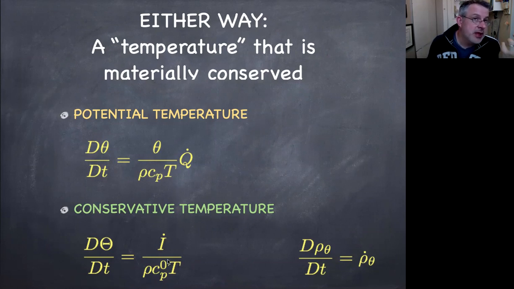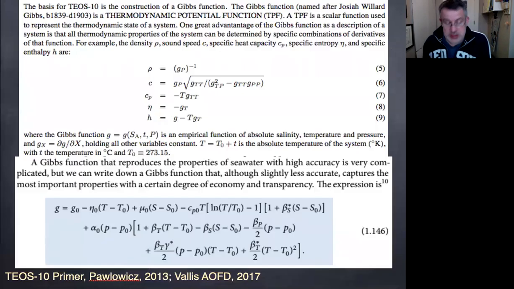So we're using a big, powerful thermodynamics to arrive at something that is easy to use. And then we just have to go backwards every so often and figure out what the implications of this transport of potential temperature or transport of conservative temperature is in terms of energy, or something else we might want to know.